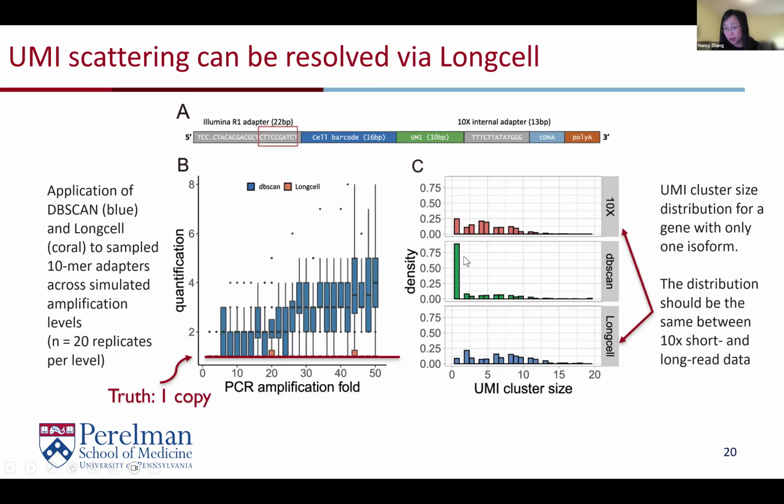These are the errors, and they shouldn't be there. In fact, we're only comparing genes that have only 1 isoform, so short and long read should give you the exact same UMI cluster sizes. And after we correct for it, we get matching distributions between short and long read. And the reason why they should be matching, again, I just want to emphasize, is because these genes are not supposed to be differentially spliced.